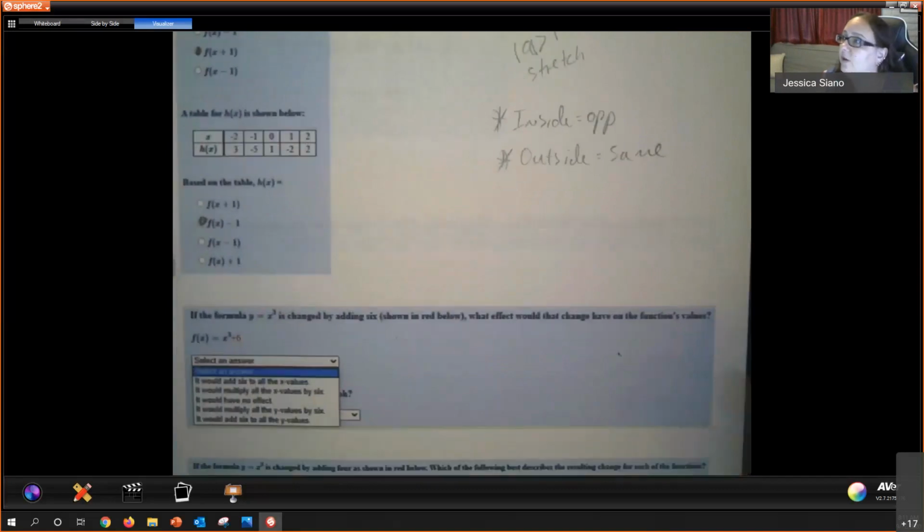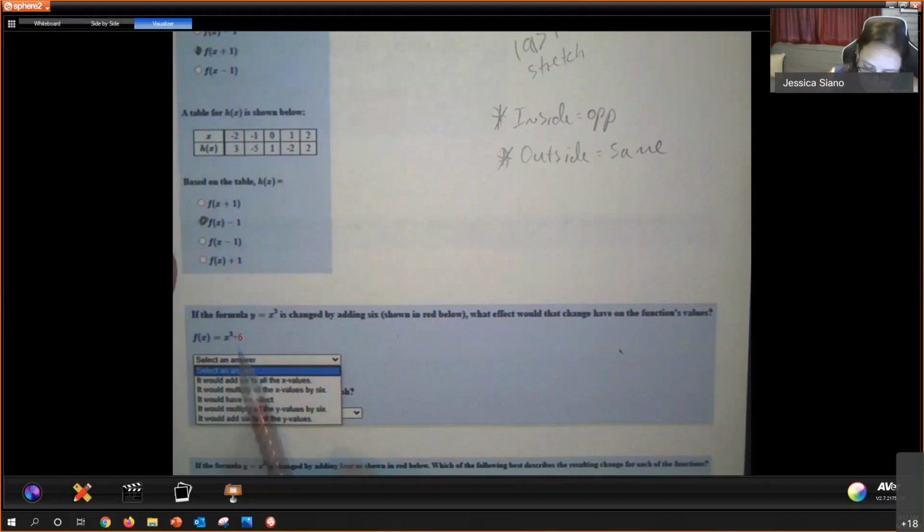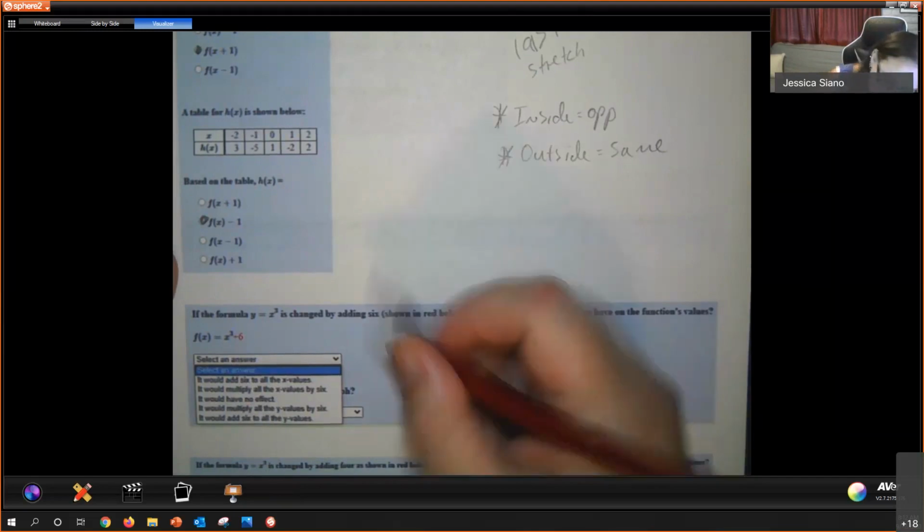So for the next one, here, if we have x to the third and we add 6 to it, what would happen? Well, that plus 6 is on the outside of the parentheses. So that means it would move up 6.